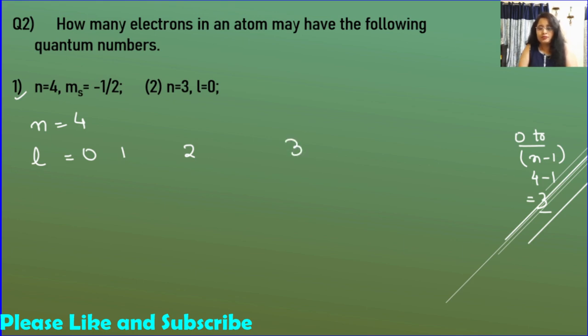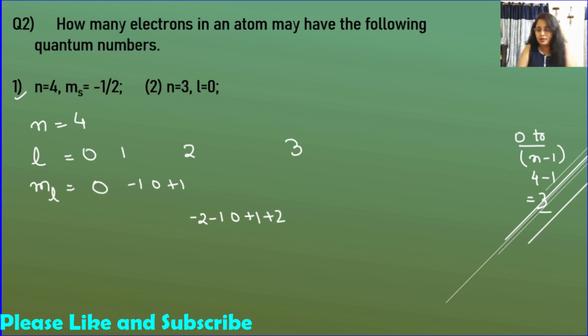Why am I writing them far apart? It will be explained in the next step. Now we will write the magnetic quantum number. For 0 it should be 0. For 1 it should be minus 1, 0 and plus 1. For 2 it will be minus 2, minus 1, 0, plus 1, plus 2.